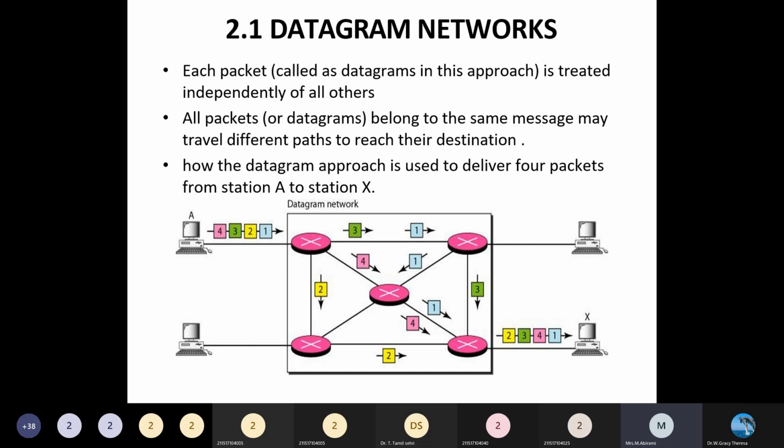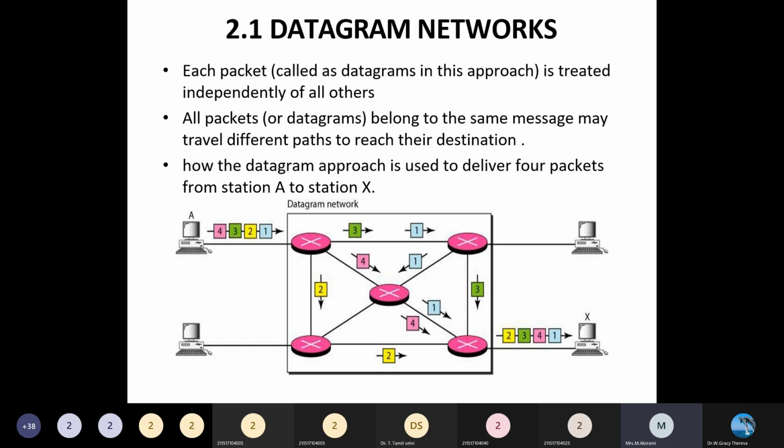How to achieve this in packet switched networks? There are two ways: one is connection-oriented and the other is connectionless packet switching. These are represented by the virtual circuit network and the datagram network.